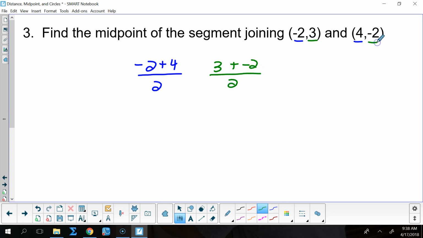I take my y values and add them together. Okay. So negative 2 plus 4 is positive 2. Positive 2 divided by 2 is positive 1. 3 plus negative 2 is positive 1.